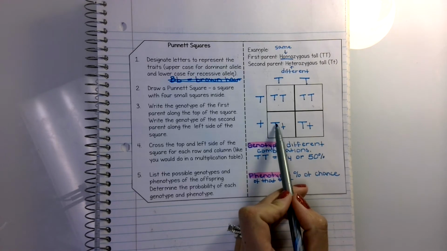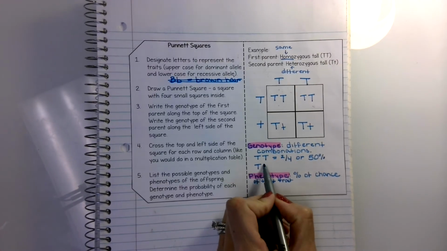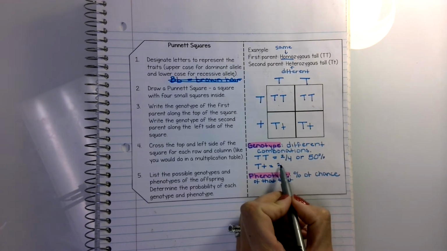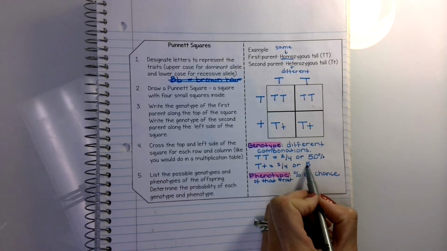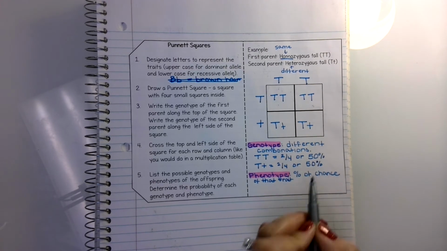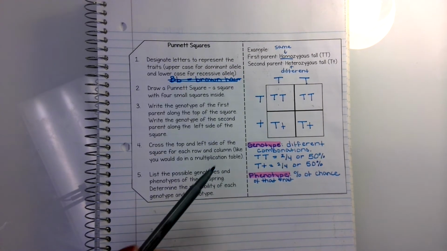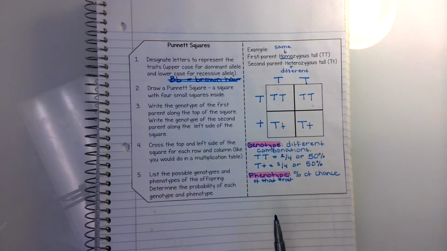For uppercase T and lowercase t, there's 2 out of 4 or 50%. Those are the genotypes, the different types that they could have. Your offspring is either going to have 2 dominant tall genes or a dominant and a recessive tall gene.